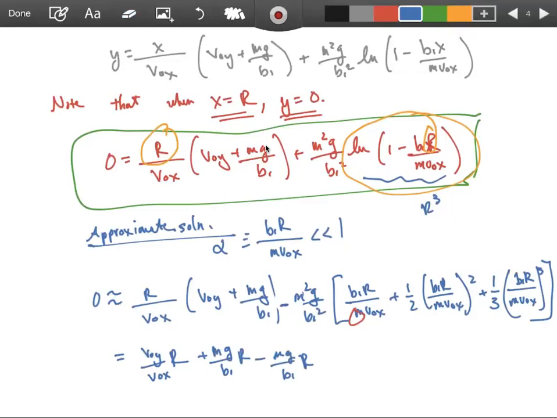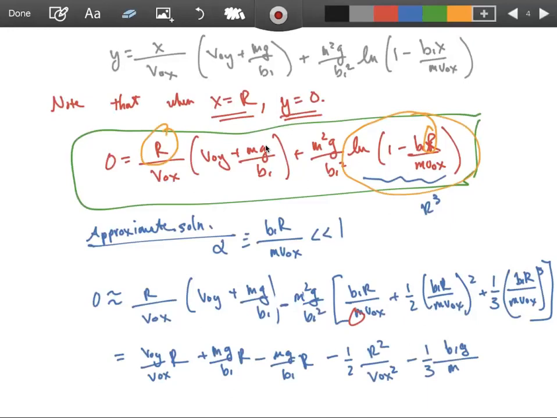So now the next term, it's going to give me a minus 1/2. In this case, the m squareds are going to cancel, the b1s are going to cancel. So I'm going to get an r squared divided by the initial x squared. So that's going to be that term. And then I'm going to get a minus 1/3. And then here the 3's. So I'm going to be left with an m on the bottom, a b1 on top, a g on top.